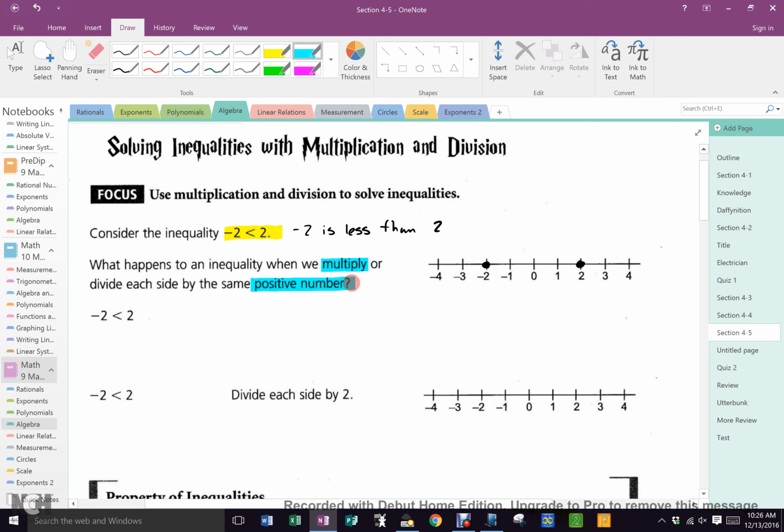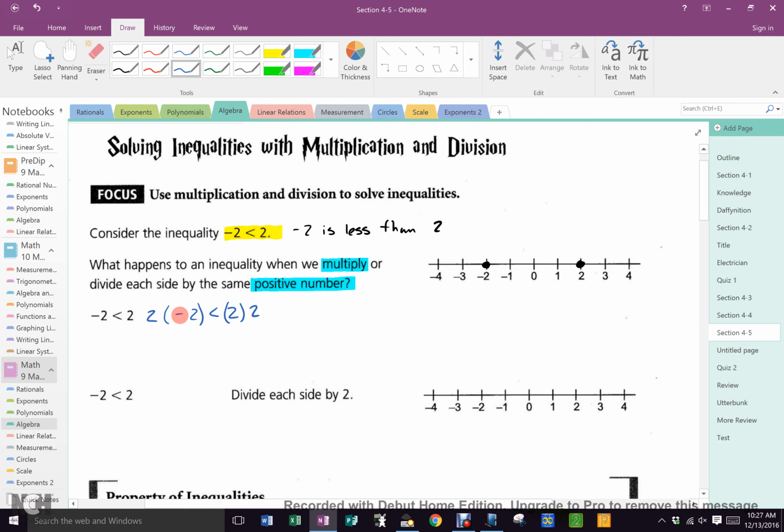Everybody agree? So we are going to take this inequality, -2 less than 2, and we are going to multiply it by the same positive number. So we're going to multiply both sides by +2. Everyone okay with that? Why did you do 2, Mr. Myers? Just 'cause. It will work with any positive number.